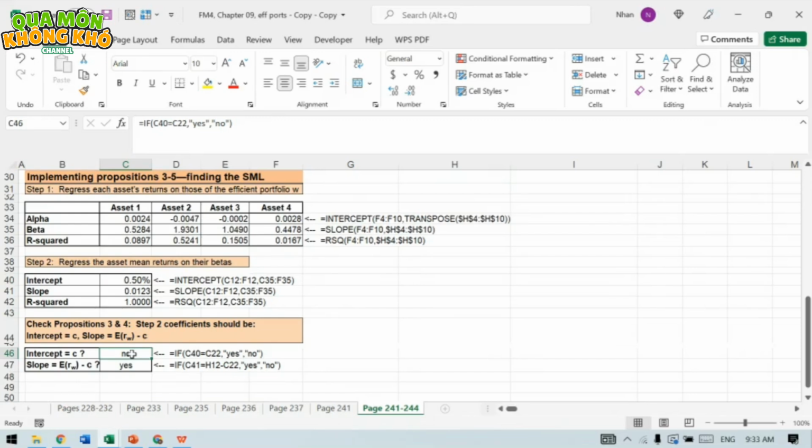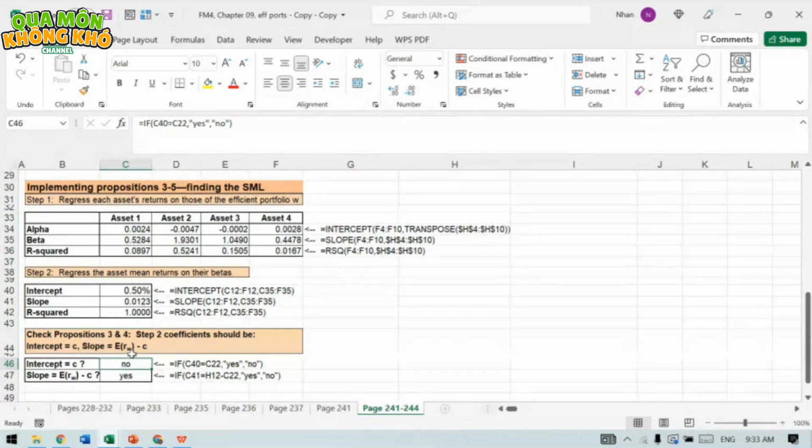Why does the IF condition, B36 equal B27, B20, so I think there are wrong components here in the IF function. The B21, not B20.